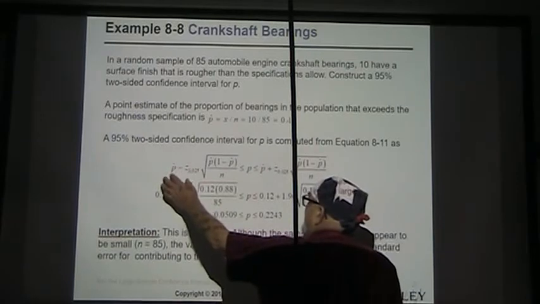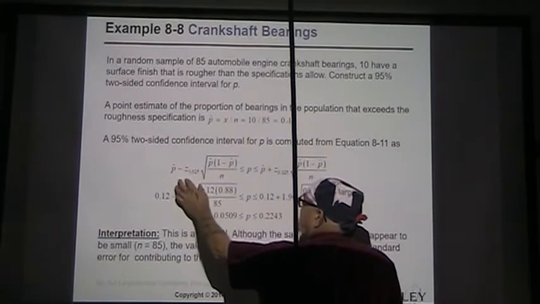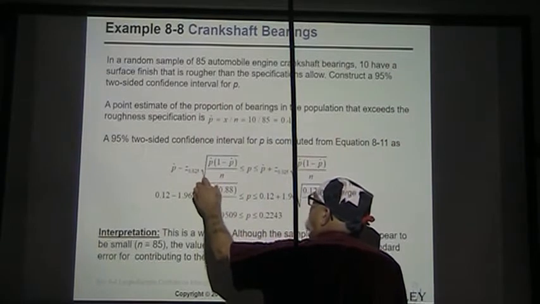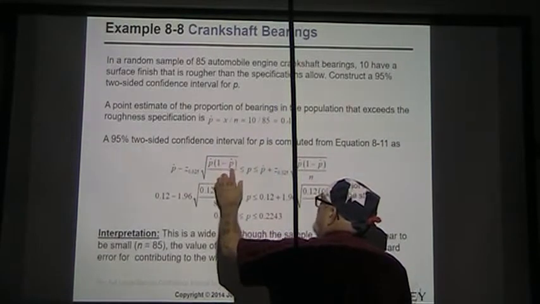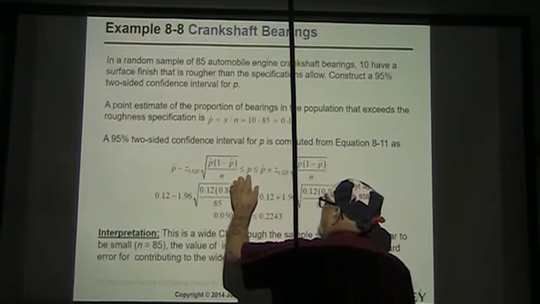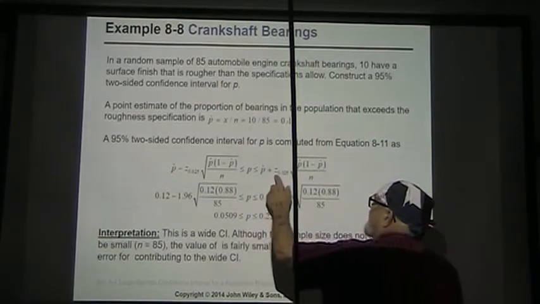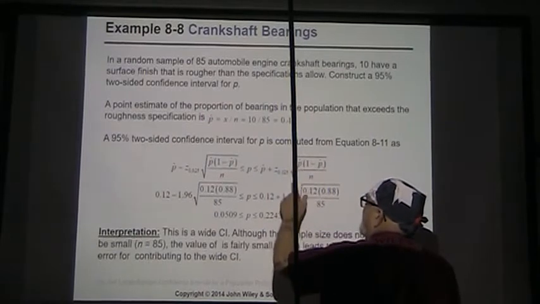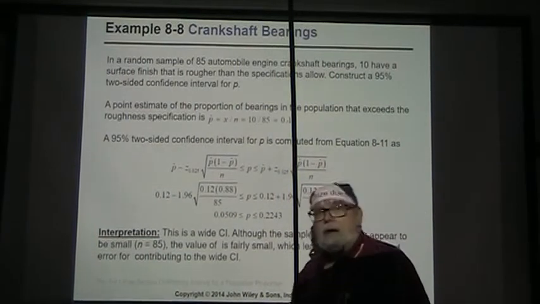So we say it is p hat minus z of 0.025 times the square root quantity of p hat times the quantity 1 minus p hat divided by n is less than or equal to our binomial proportion is less than or equal to p hat plus z of 0.025 square root quantity of p hat times the quantity 1 minus p hat divided by n.